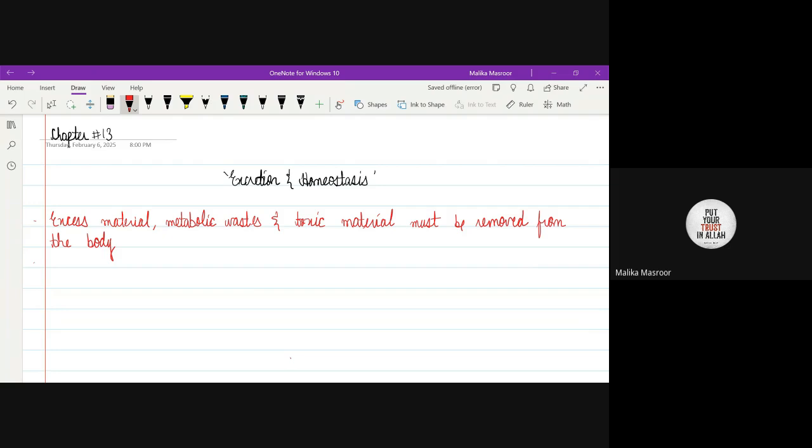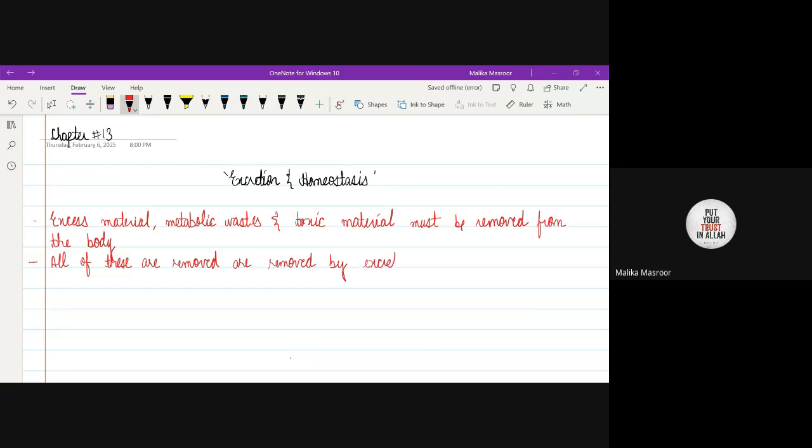Right, we discussed this in the first chapter as well. We were talking about the characteristics of living organisms. Okay. Are removed by excretion.